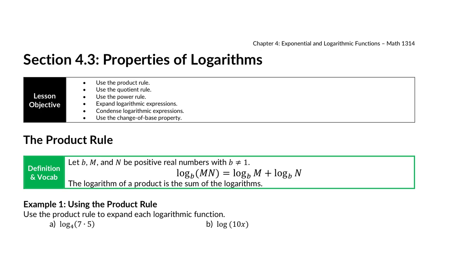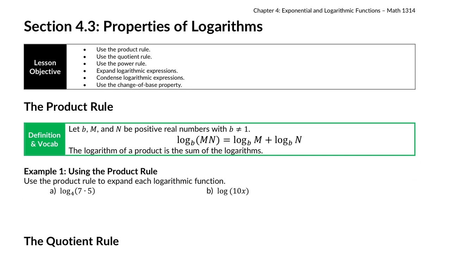But these are the same exact rules with logarithms as they are with exponents. So our first rule today is called the product rule. The product rule is the same as it is for exponents. In exponent world, the product rule means that if you are multiplying the bases, you add the exponents.